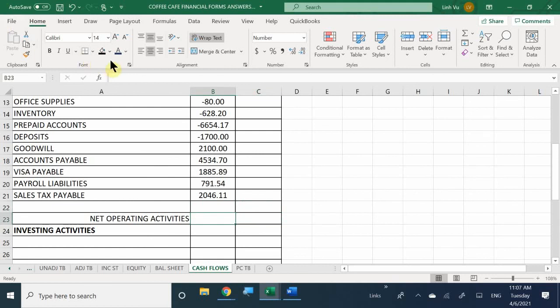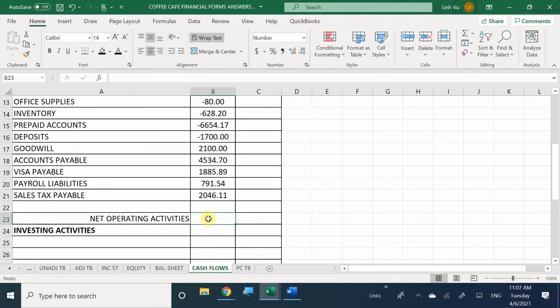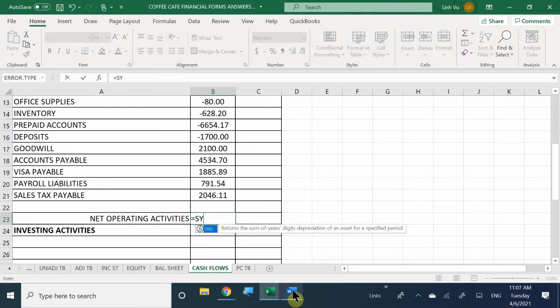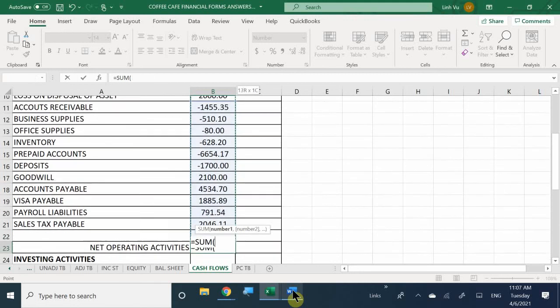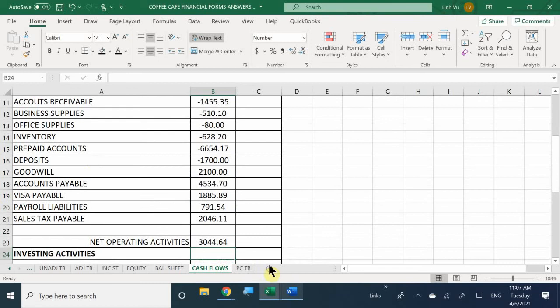So make this visible. If I sum up my operating activities real quick, you should get a positive number. Which I do. I get a positive $33,044.64.